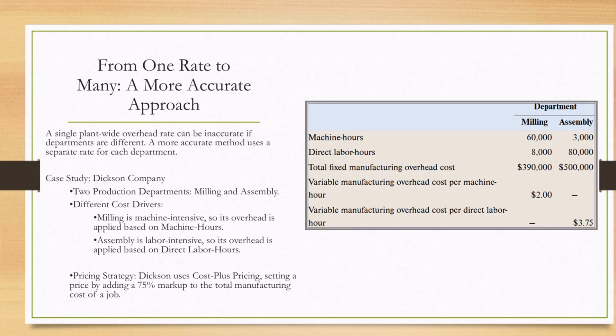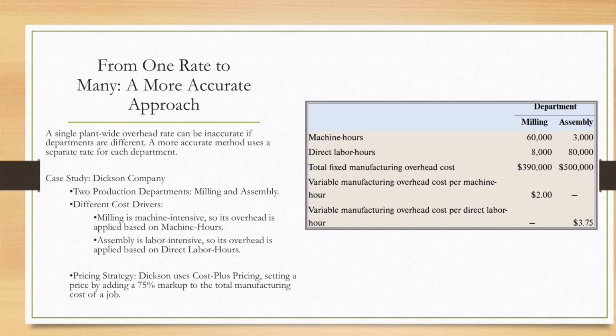The pizza analogy shows us that a single, simple allocation method can be misleading. In a business context, a single plant-wide overhead rate can be inaccurate, especially when a company has very different departments. A much more accurate method is to use a separate, unique overhead rate for each department.